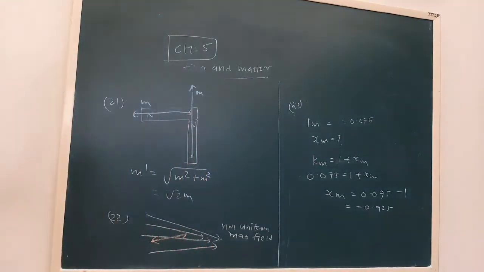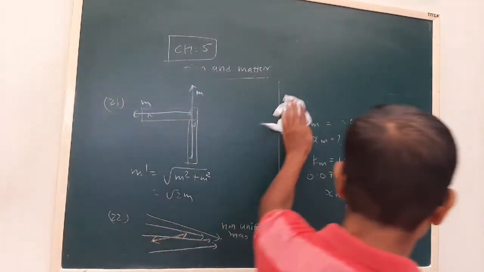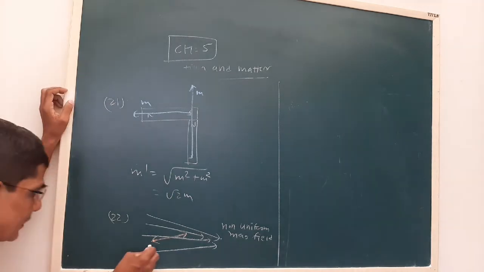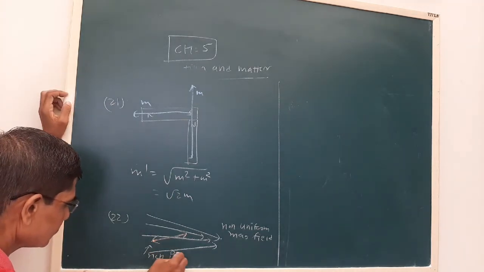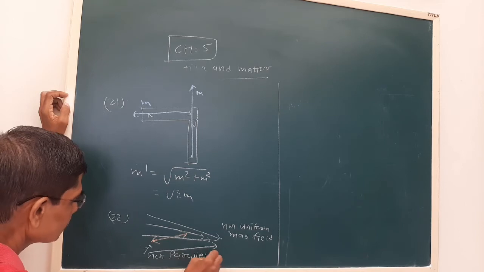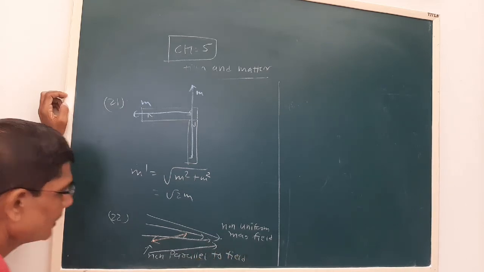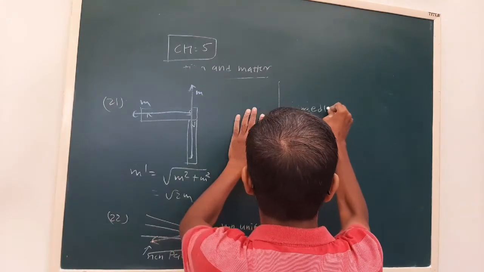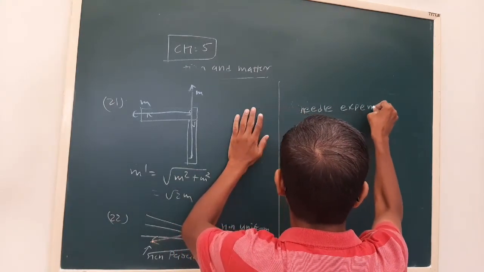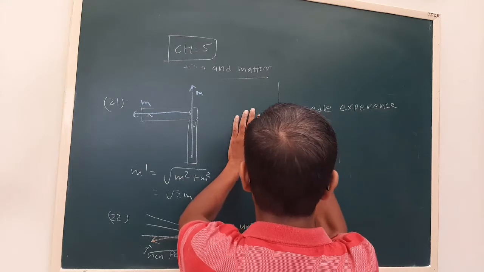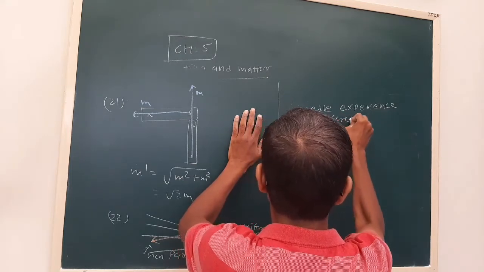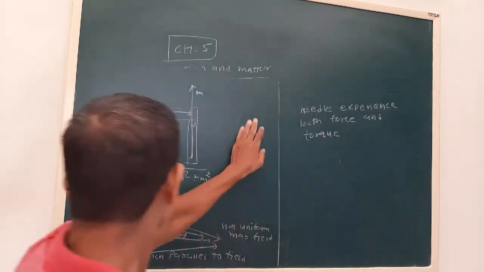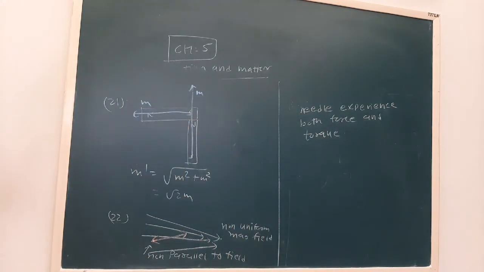So it will produce torque. So when a magnetic needle is placed non-parallel in a non-uniform magnetic field, it experiences both force and torque. Okay, so this is our MCQ number 22.